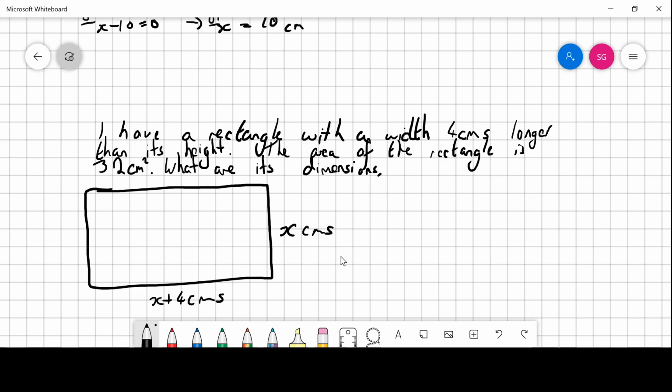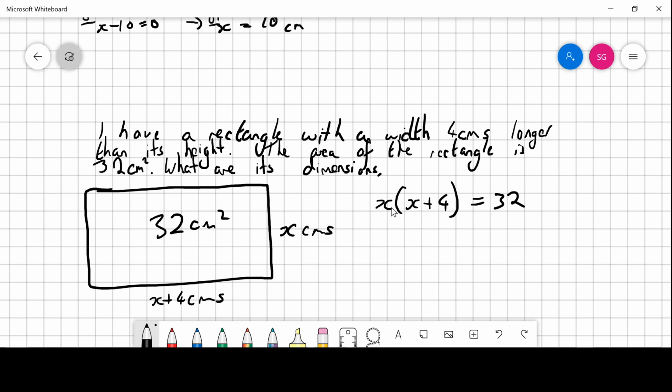Okay? We know that height by width, or width by height, is going to equal the total area, 32 centimeters squared, and thus we have something we can change into a quadratic.